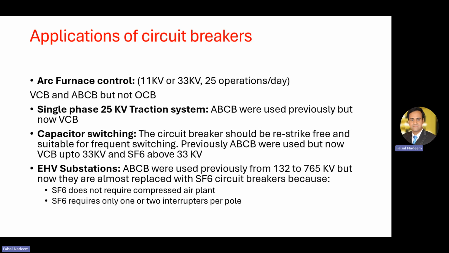These systems were installed in Pakistan from Lahore to Khanewal and in some areas of India as well. Usually vacuum circuit breakers are used there. Again, ABCB, air blast circuit breakers, were previously used. However, now vacuum circuit breakers are used.